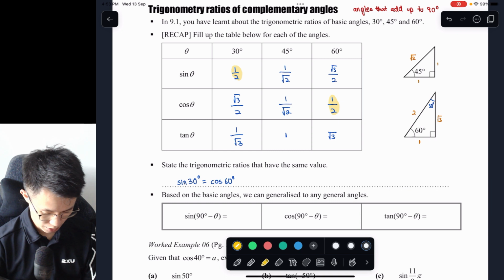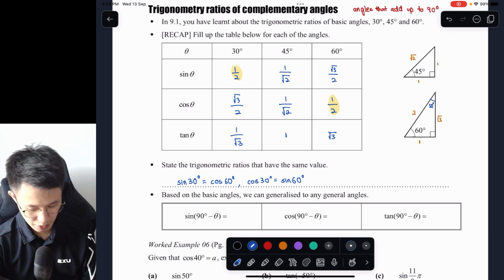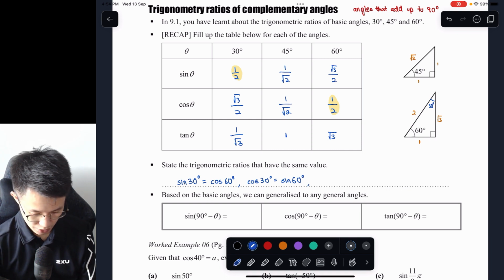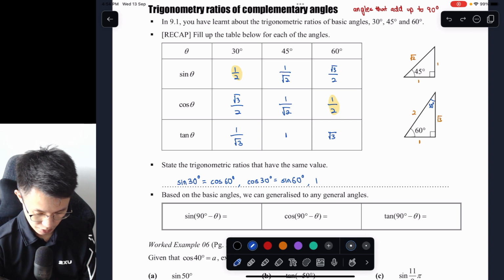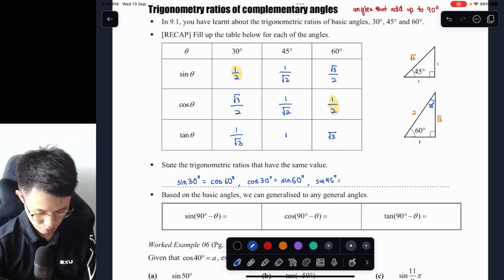We can also say cosine 30 degrees is equal to sine 60 degrees. And we can also say the same of sine 45 is equal to cosine 45.